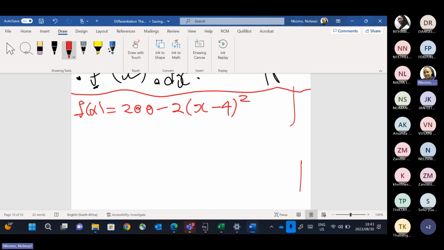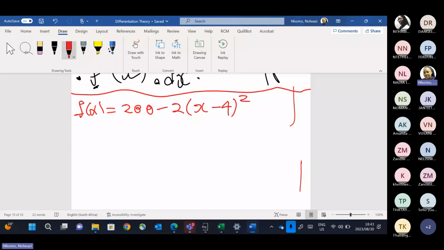Remember, I said to find the turning point, you have to follow 3 steps. You find the derivative, you equate the derivative to 0, and then you take the x that you obtain after equating the derivative to 0, and substitute it back into your original equation to find the corresponding point.